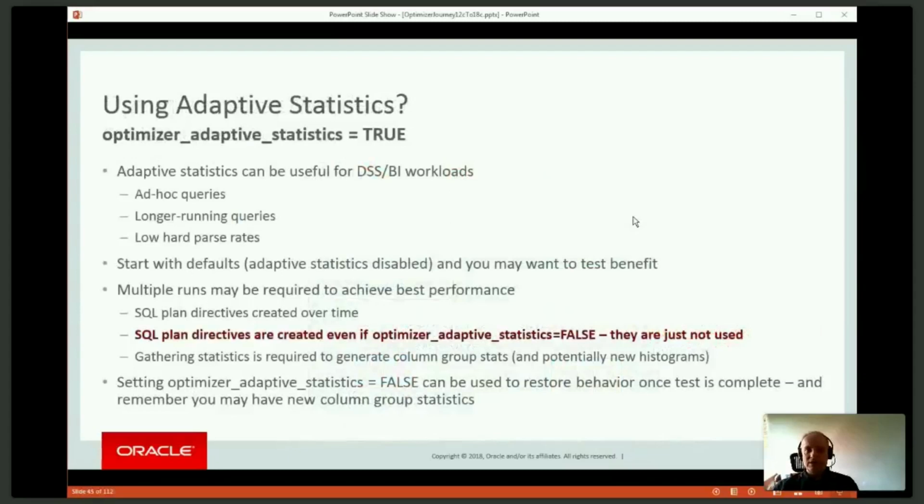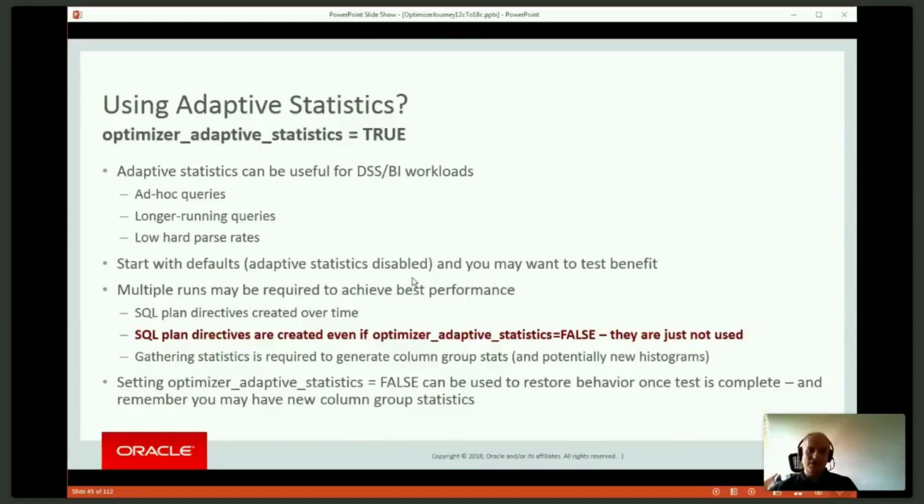Adaptive statistics work better for things like ad hoc workloads where you have longer running queries and lower hard parse rates. So it's nice for things like BI scenarios and DSS workloads where you have big complex queries that are difficult to optimize, because obviously in those environments, those types of queries are more complex and require more optimization anyway. So in other words, the overhead associated with adaptive statistics is worth taking in order to benefit from the better SQL execution plans down the line.